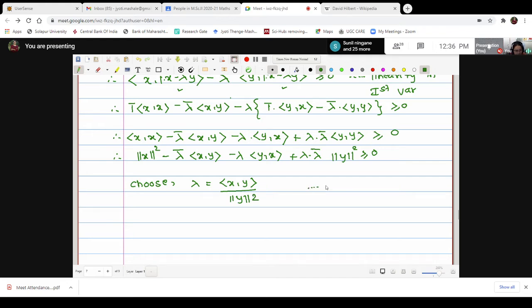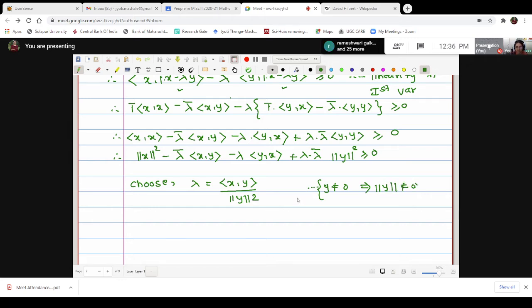Why can I take norm y in the denominator? Because we are discussing the case y is not equal to 0. If y is not equal to 0, then norm y is also a non-zero quantity.